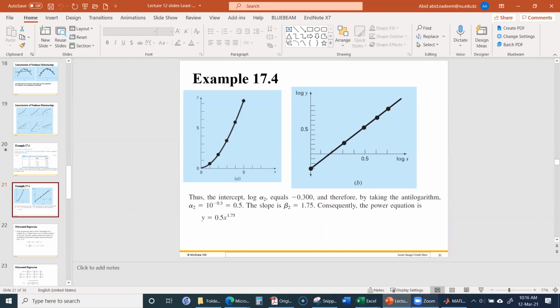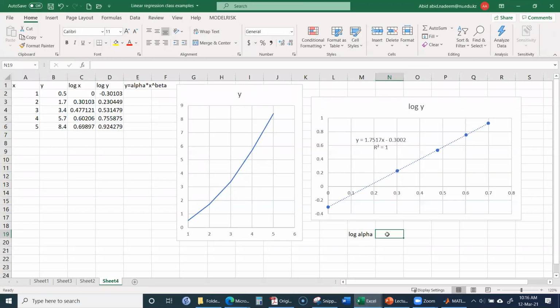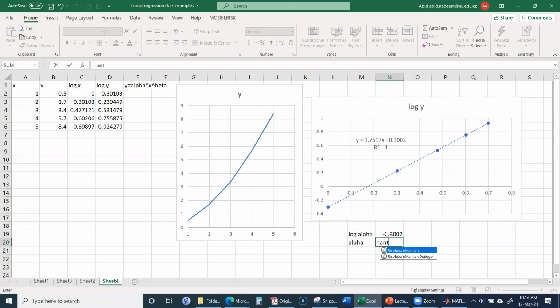So log of alpha is the y-intercept. So it is equal to minus 0.3002. Okay, so therefore alpha will be equal to anti-log.